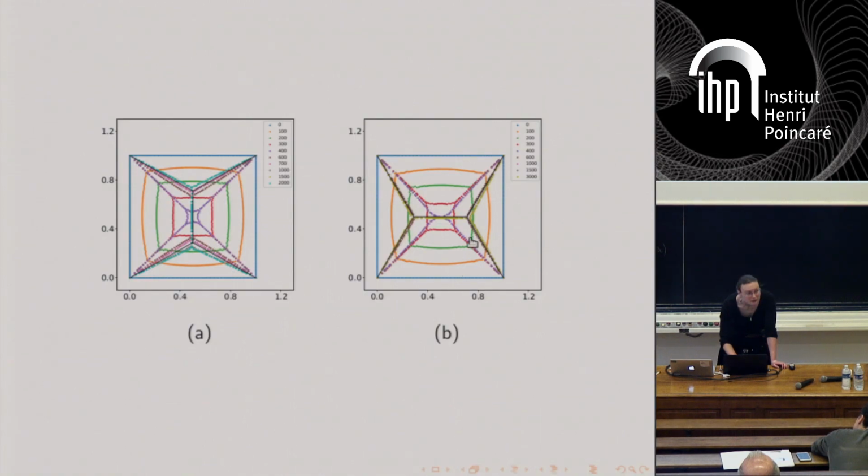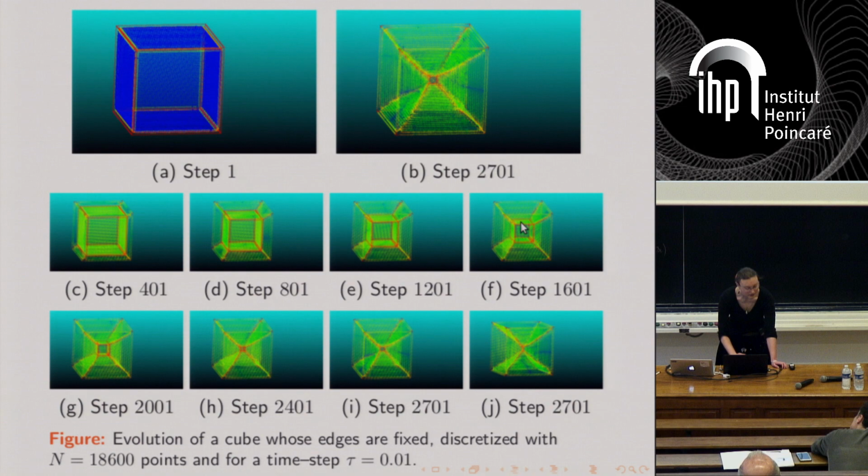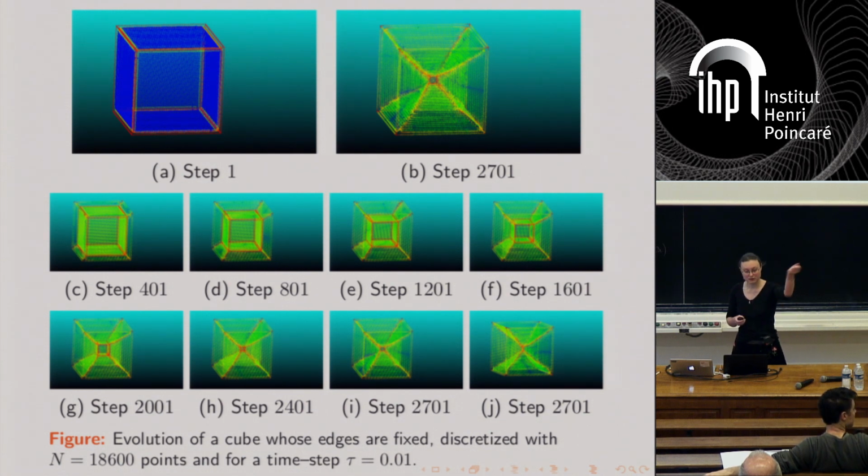And maybe last, you can do the same thing with a cube. So you take only the lateral area of a cube, the 6 faces, and you discretize them in a point cloud, and you fix the edges.